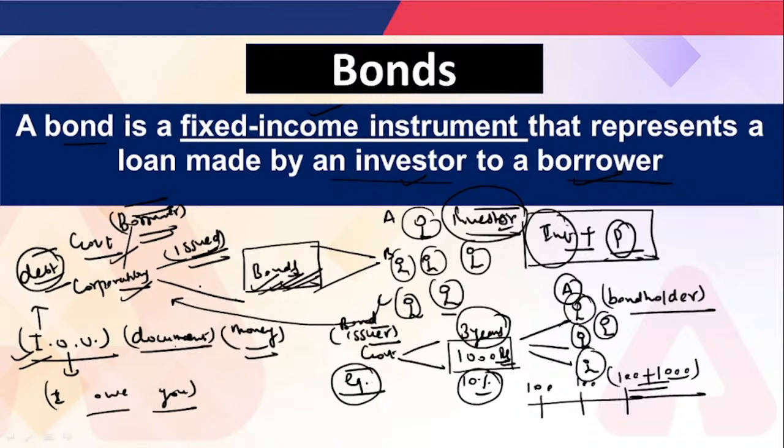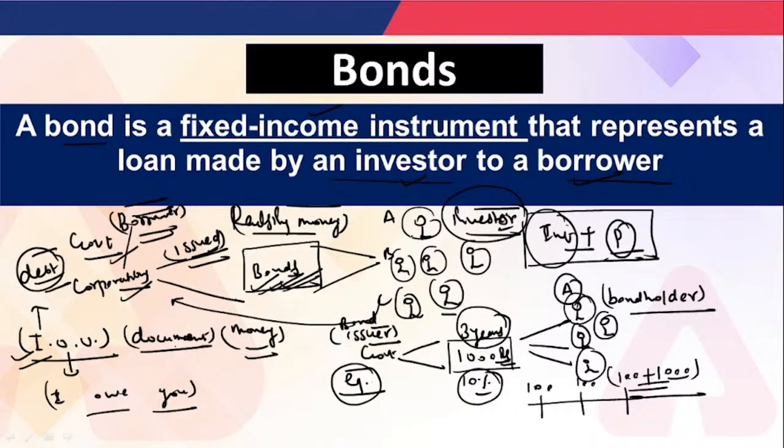So what we understand by a bond is that it is issued by companies, government, state government, and corporations for raising money. And why do the government and corporations need to raise money?